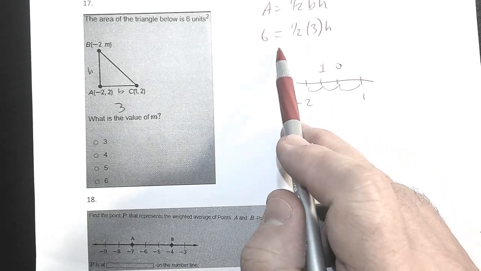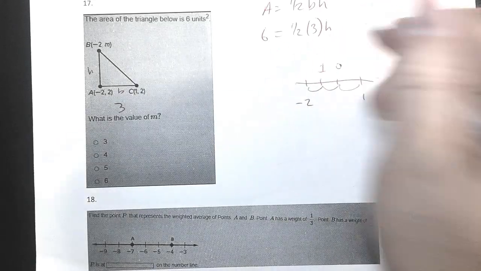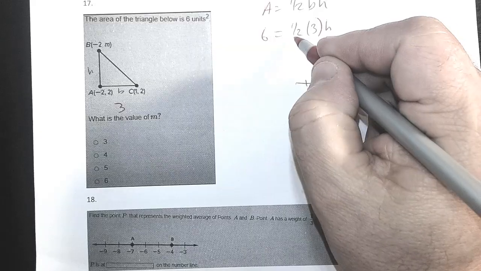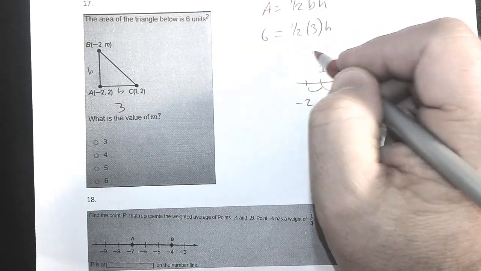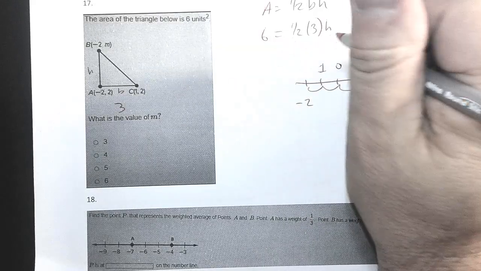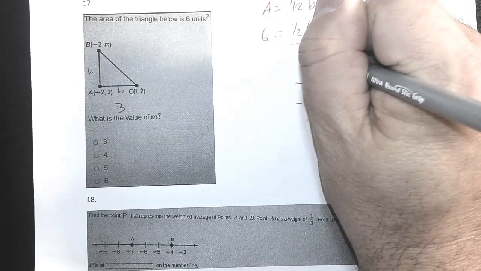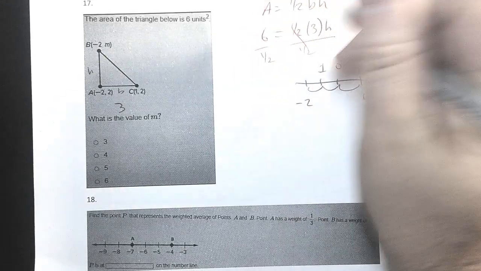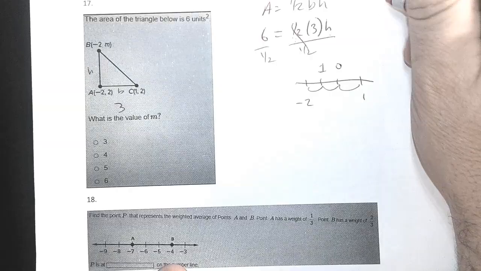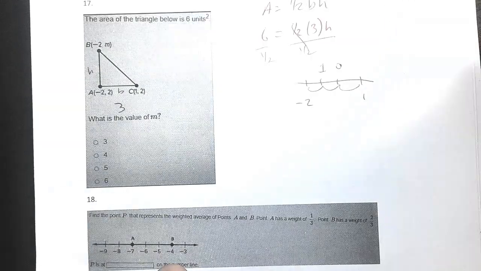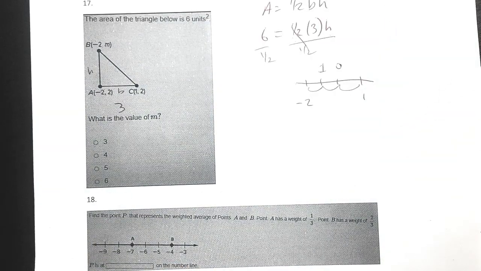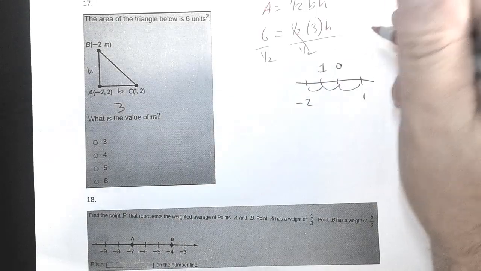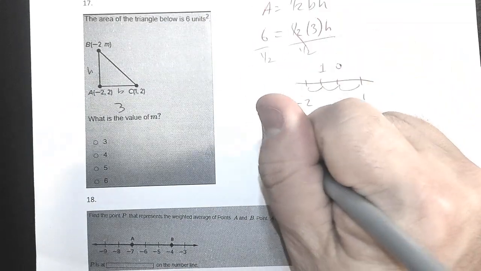Well, let's use the formula. Let's get h by itself, because that's what we want. So divide both sides by 1/2. 6 divided by 1/2 is, what am I doing? Hold on. Yeah, I'm doing that. Okay, making sure I was doing it right. All right, so now 6 divided by 1/2 is 12.